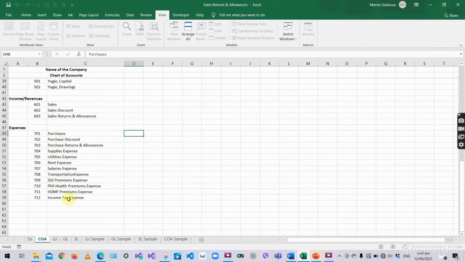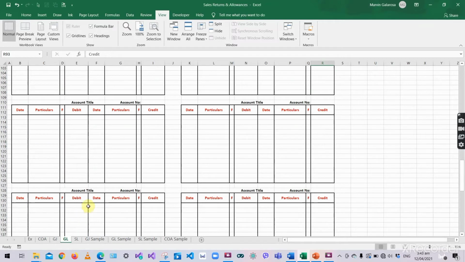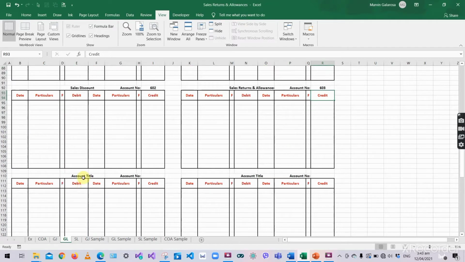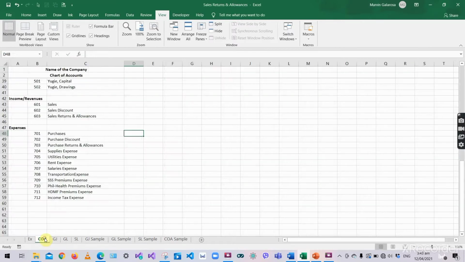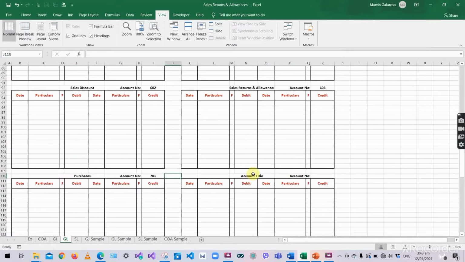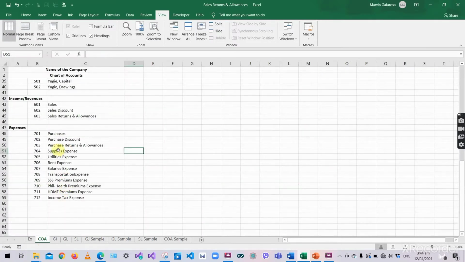Purchases, 701. Supplies expense, 704. Utilities expense, 705.